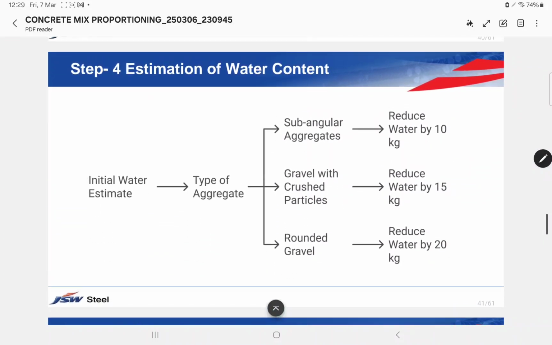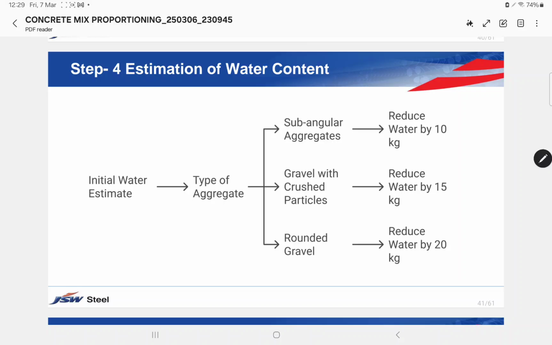Next, here is an extra thing that I have shown. Because we have angular aggregate, we have to do no adjustment for the aggregate. But still, in case you have aggregate shape other than angular, then you also need to do some adjustment.